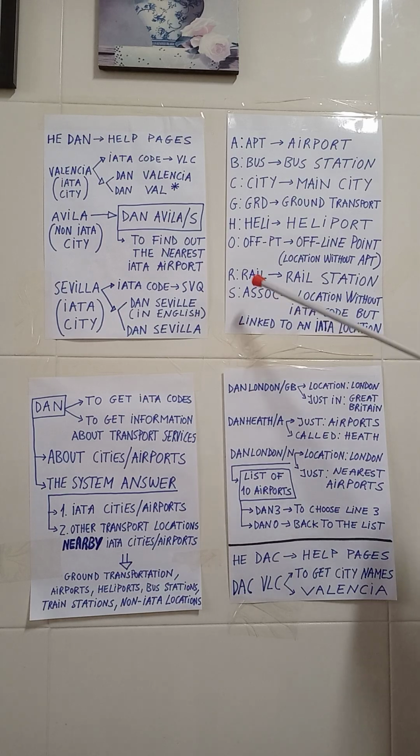R, rail, will refer to train stations. S, ASOC, will refer to localities without an IATA code, location without IATA code, but connected, linked to an IATA location, okay?